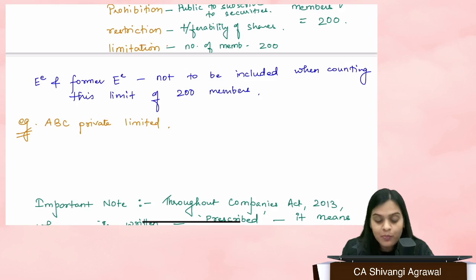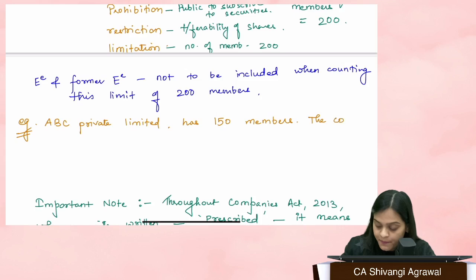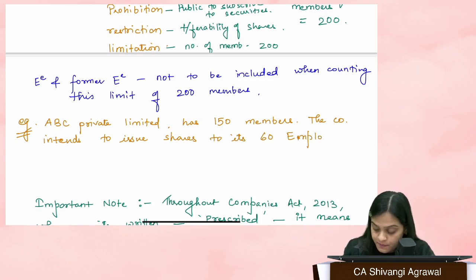So ABC Private Limited has 150 members. The company intends to issue shares to its 60 employees of the company.